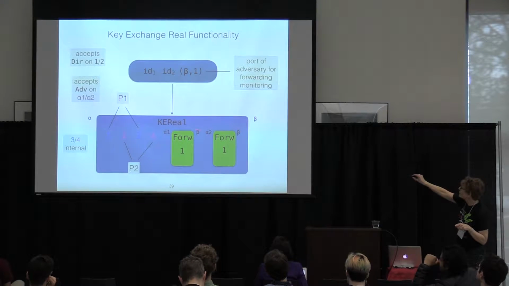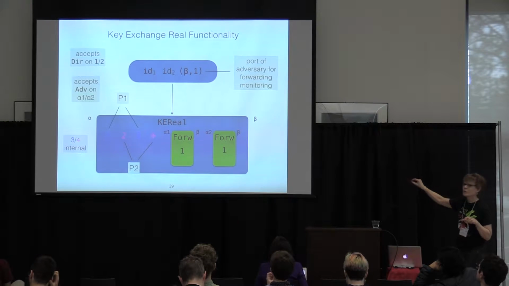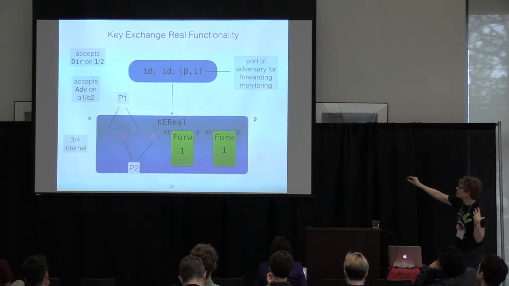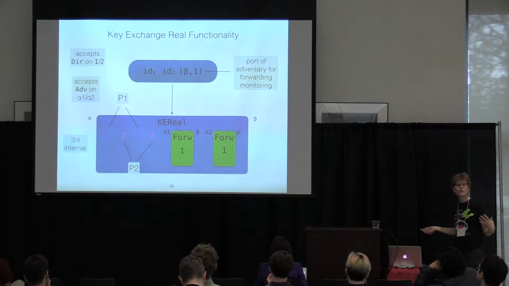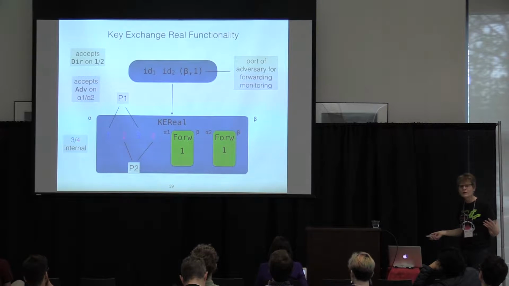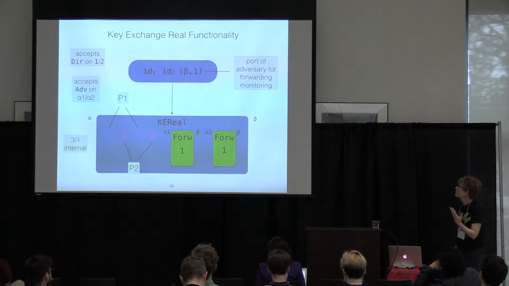And these forwarding functionalities are used to forward messages between 3 and 4 and then back the other way, when it sends g^u1 from 3 to 4 or g^u2 from 4 to 3. These things are mediated by a forwarder. The parties are not allowed to talk directly. They have to talk via the forwarder so the adversary can actually observe what's going on. Otherwise, we wouldn't be playing fair as a real functionality.